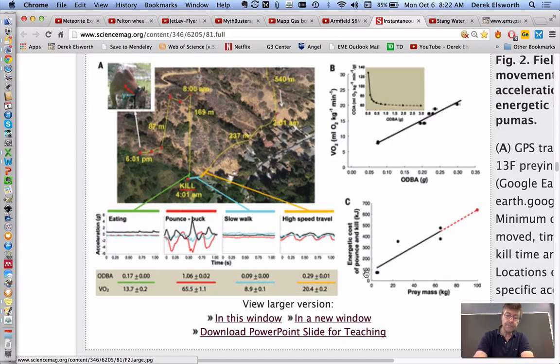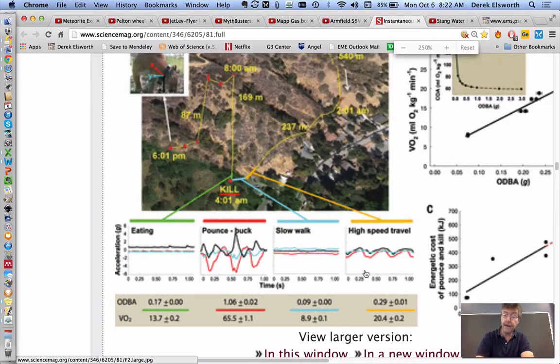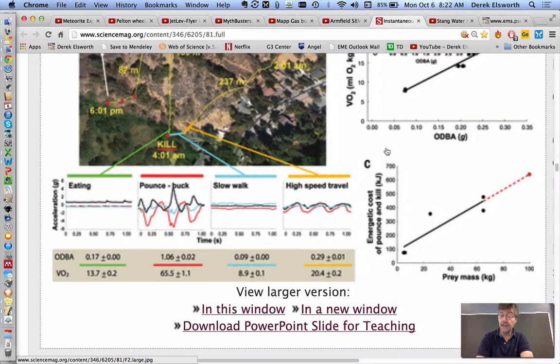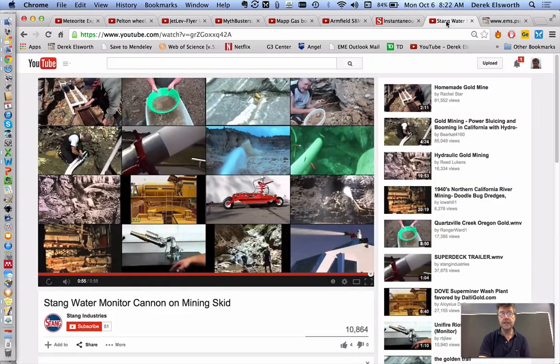And the expended energy in the pounce in terms of kilojoules. And so this is also some measure of choosing the amount of energy you want to put into the system to do the amount of damage they want to do to make their prey immobile, by striking. And so no different in some respects from the things that we're trying to do in terms of understanding balances of momentum.